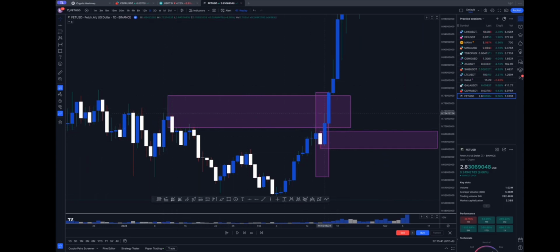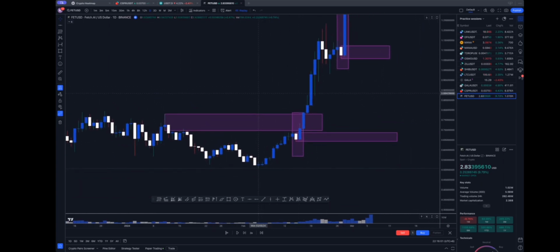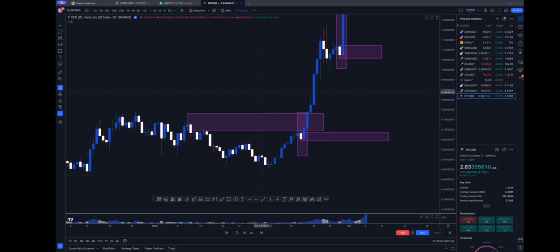Well, it kind of did over here, just a little bit. That's why I said there's two rules to order blocks. The first rule is you want to make sure your order block is being considered at a higher time frame than your actual trading, because it will be respected more. The second rule is you only consider order blocks when you are trading with the trend.